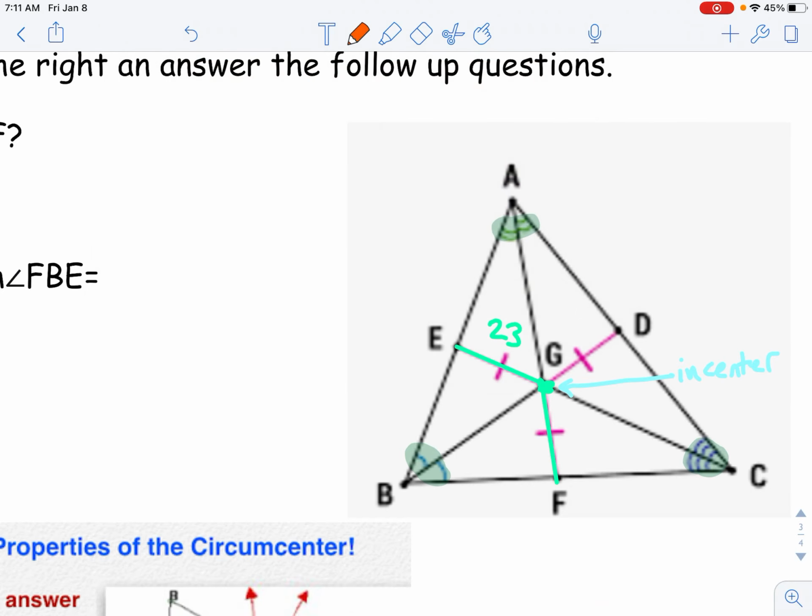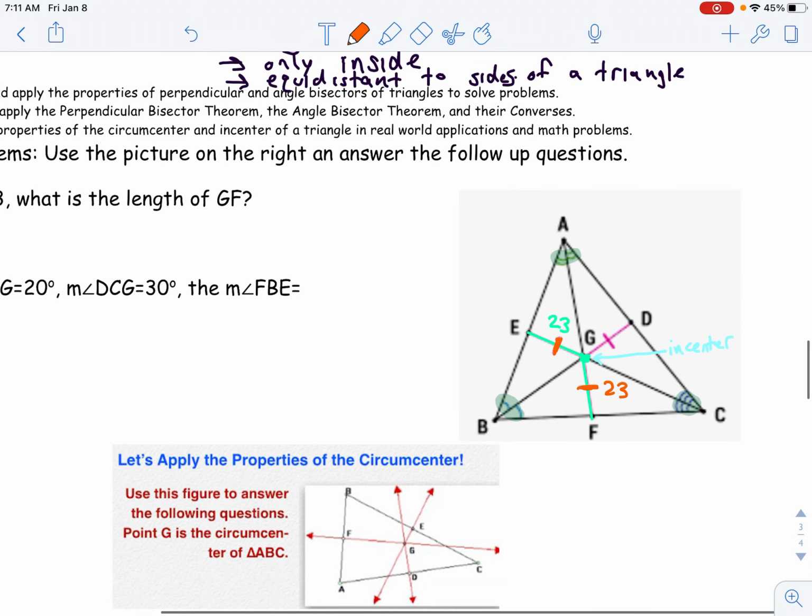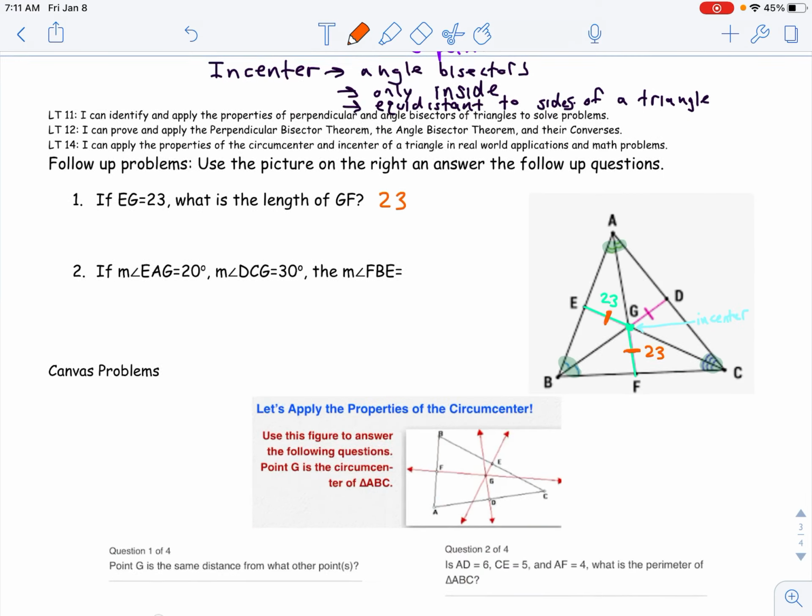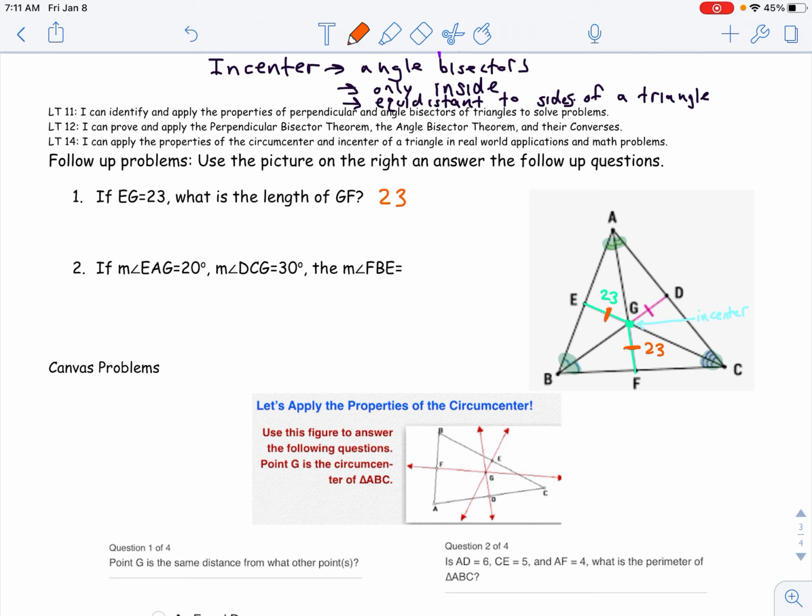So that means that the incenter is equidistant from the 3 sides. So since EG is 23, GF is also 23. So if you're presented with this problem in the future, if you can identify that's the incenter, then you know that point is equidistant from all sides, so it's easily 23.